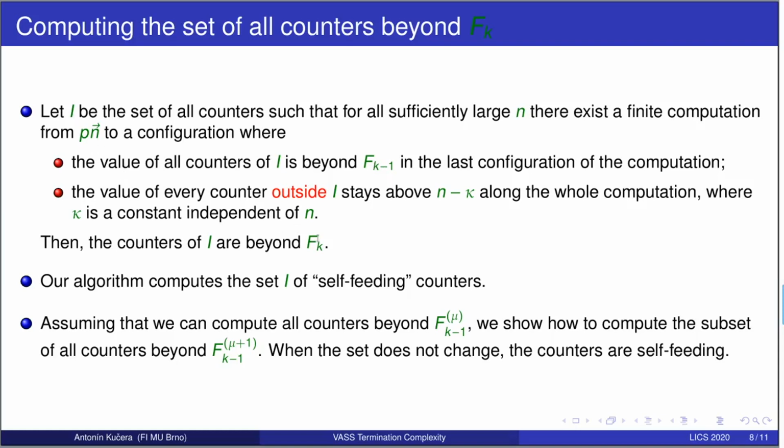The other counters are decreased, but at most by kappa, and this means that we can restart the computation, this time for larger initial values of the counters in I, and increase them to fk minus 1 after fk minus 1 of n. And the other counters are decreased by 1 additional kappa. So this can be repeated omega n times, which is precisely what we need to pump the counters of I beyond fk.